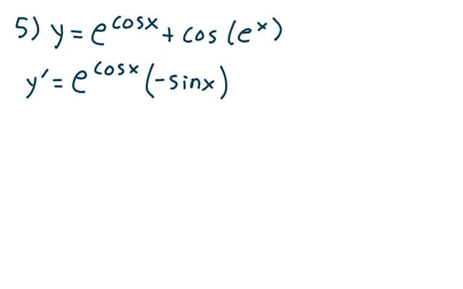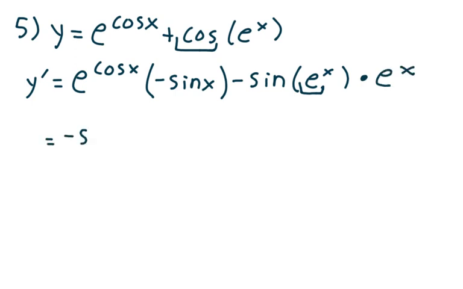Now, for the second term, the outside function's the cosine function. The derivative of cosine is minus sine. But remember, I'm taking sine and evaluating at e to the x. That's the inside function. And then I get to multiply that result by the derivative of the inside function, which is just e to the x.